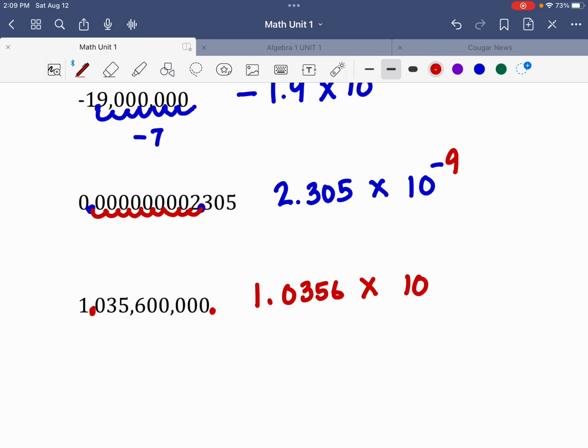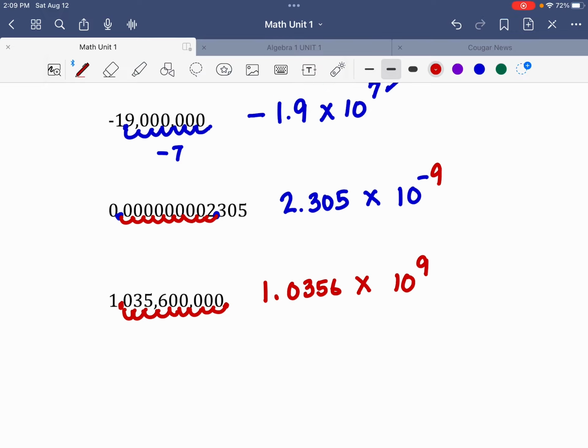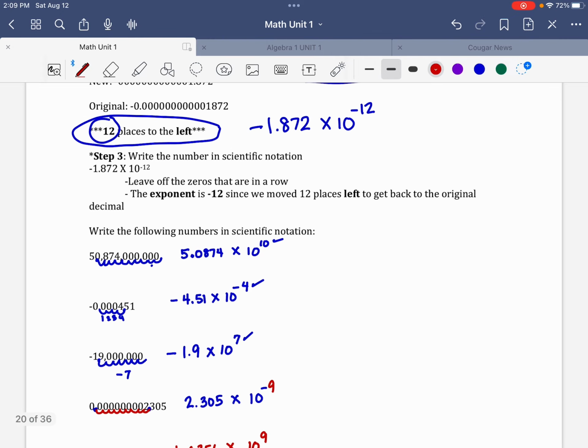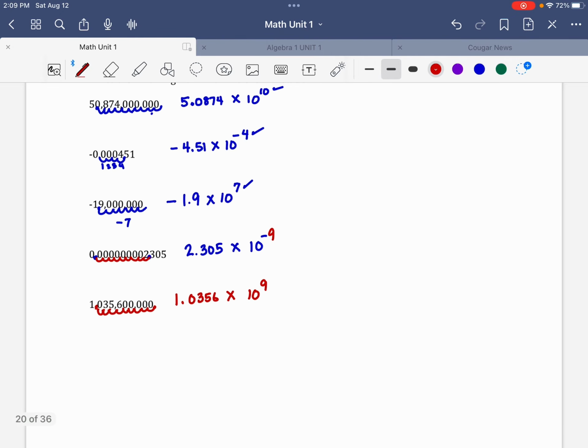Okay, so let's go back and count what my exponent is going to be. How many times did I move the decimal? That's 1, 2, 3, 4, 5, 6, 7, 8, 9. That's a positive 9 for my exponent. And that, my friends, is scientific notation.